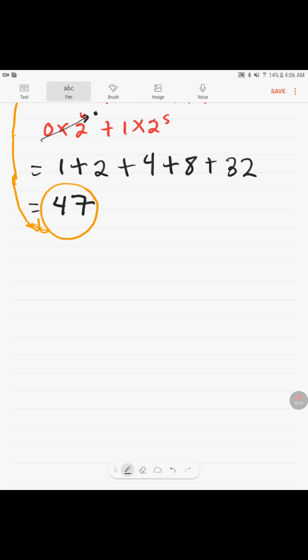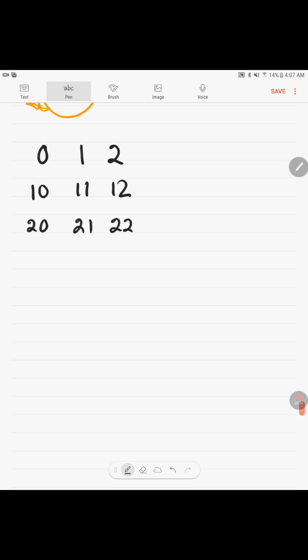Base 3 will have these numbers as 0, 1, 2, and then 10, 11, 12, and then 20, 21, 22, and then 100, 101, 102. So basically there's no threes.